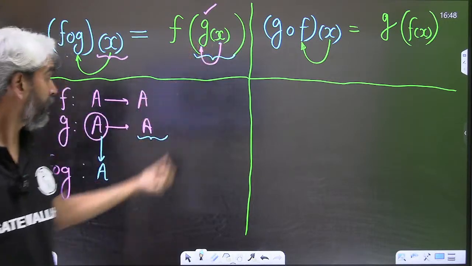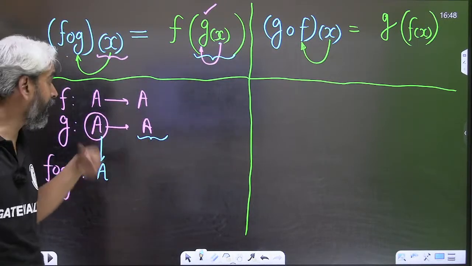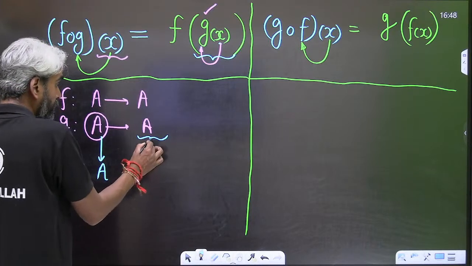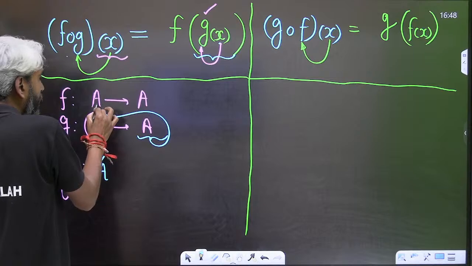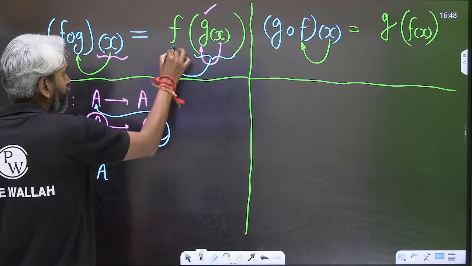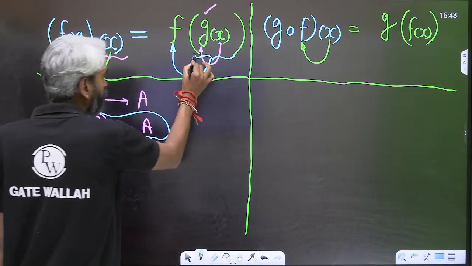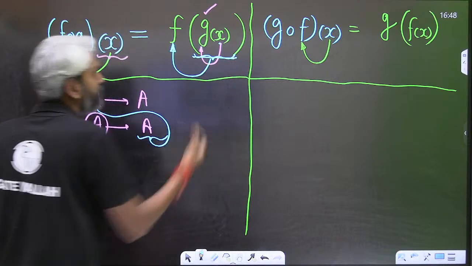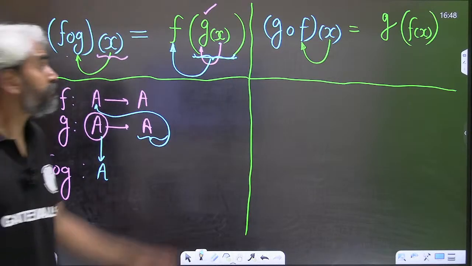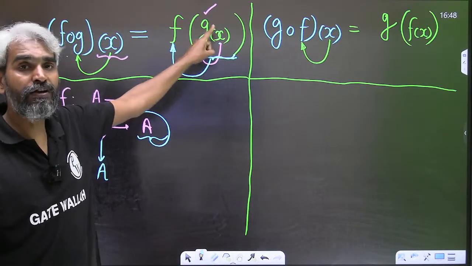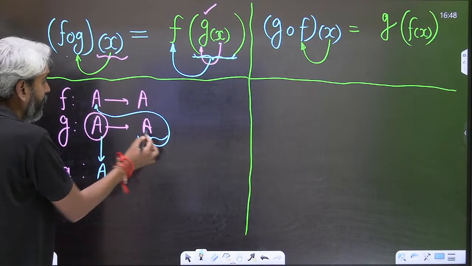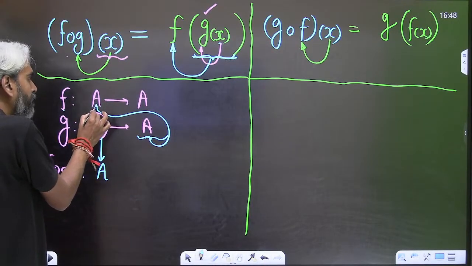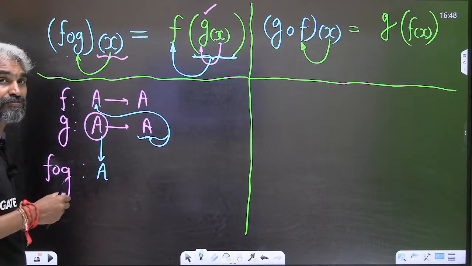Now this value produced by function g will be passed as an input to function f. Whatever is produced by g of x, function f must be defined for that value. Now the idea is g will produce a value in set A, and function f is defined on all the values of set A.